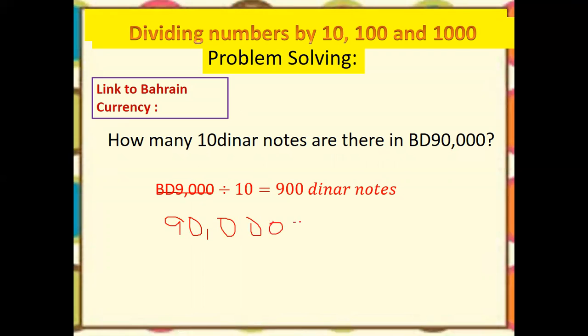Okay, divided by 10. So how many 10 dinar notes we can make from 90,000 BD? So we have 9,000 dinar notes. Okay.